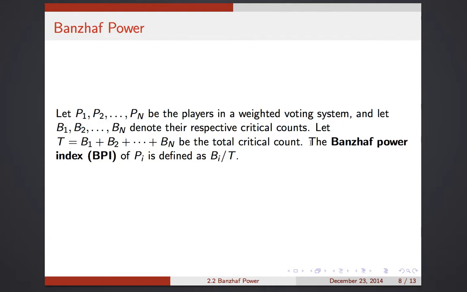Okay, so here now is the definition of power. The Banzhaf Power Index, which is just a fancy way of saying power, is named after Banzhaf, a mathematician. It's his notion of power that we're using right now. The Banzhaf Power Index of player i is defined as his critical count divided by the total critical count. That's what power means in this particular section.